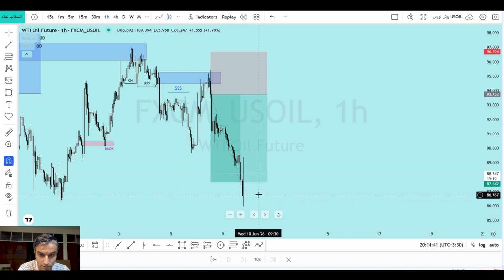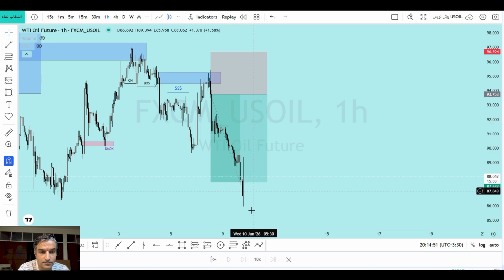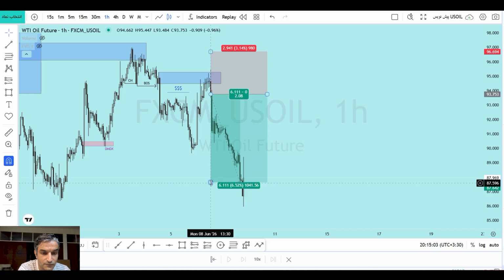Okay, as you see, price touched our target and we are in profit. Price came to this area, touched this danger zone, and we closed our trade.